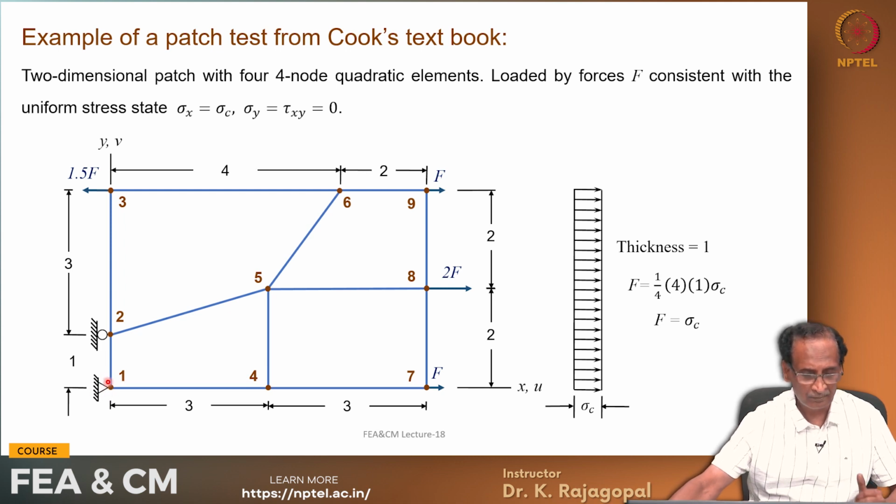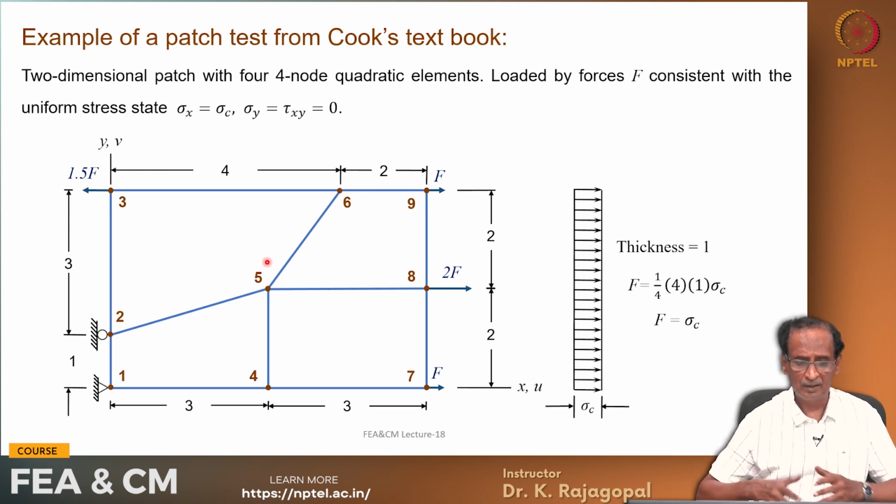Then this node 1 is fixed on a hinge, so both x and y direction displacements are not allowed, and node 2 is on a roller. That is, the mesh can move vertically but not horizontally. Then all these elements are 4 node quadrilaterals and distorted.